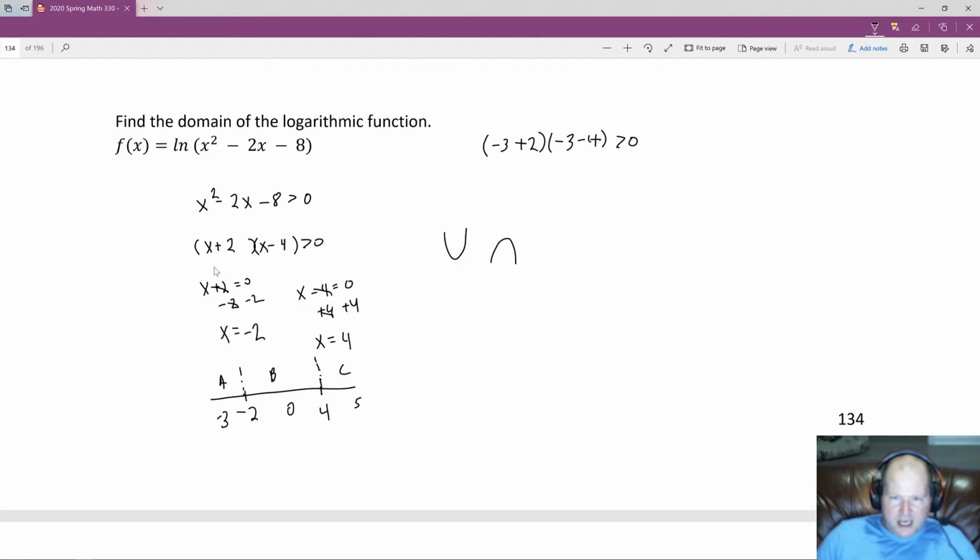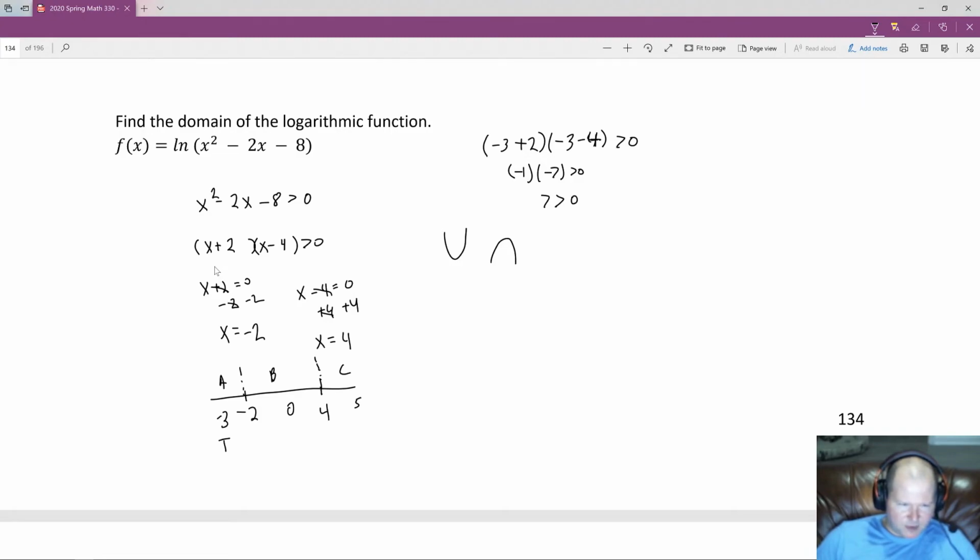So negative 3 plus 2 is negative 1. Negative 3 minus 4 is negative 7. And that would give me a positive 7. Positive 7 is greater than 0. Now, technically, you don't even have to find the number here. You can just find the sign. Negative times a negative is a positive. That's all we needed to know, and that's fine. So the first one turns out to be true.